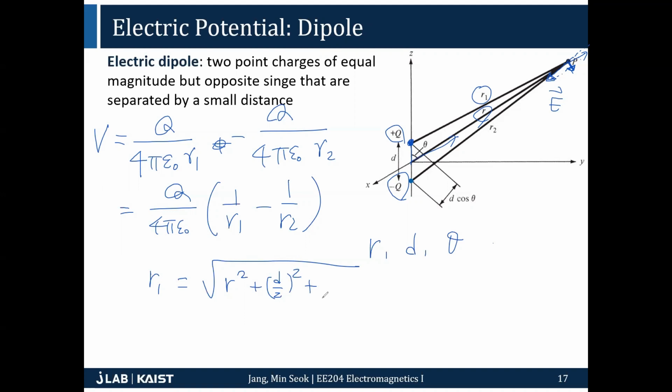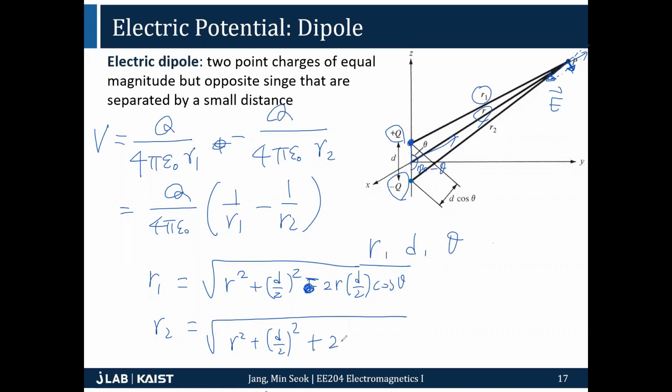I guess it's minus 2 R (D divided by 2) cosine theta, right? And R2 can be written the same way: R squared plus (D divided by 2) squared, and in this case the angle is 180 minus theta, so it's plus 2 R (D divided by 2) cosine theta, right?